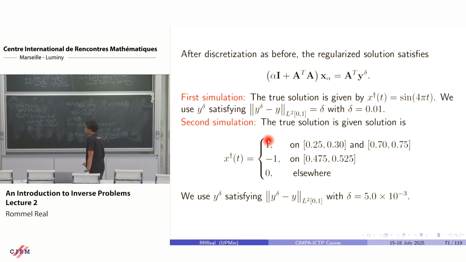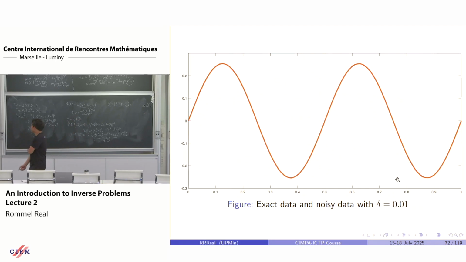Okay, so it takes only values 1, -1, and 0, still from 0 to 1. And then we will use y delta satisfying this one, which should be equal to delta. I'll correct that one later. With delta equal to this noise level here. Notice the noise level is non-zero, but not too big. So let's see.